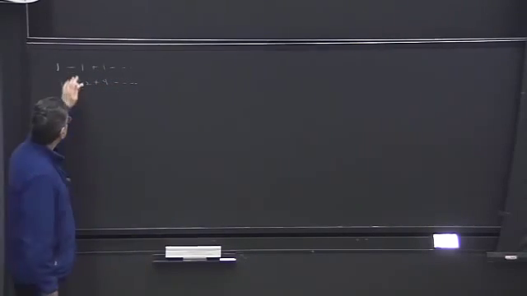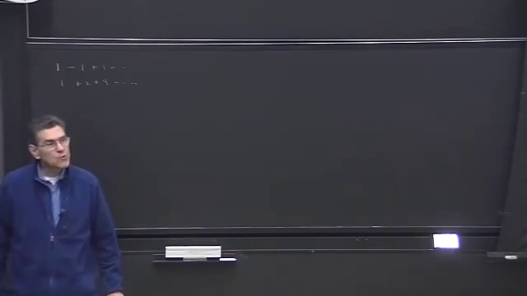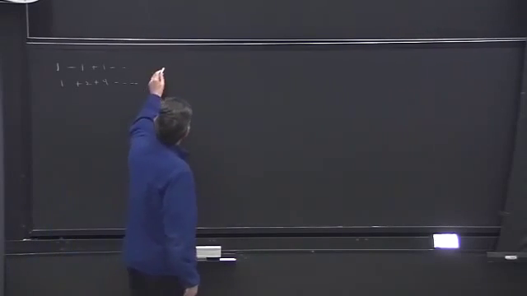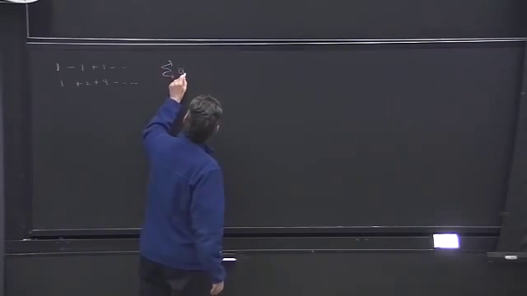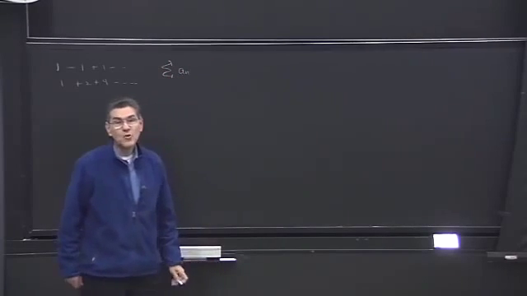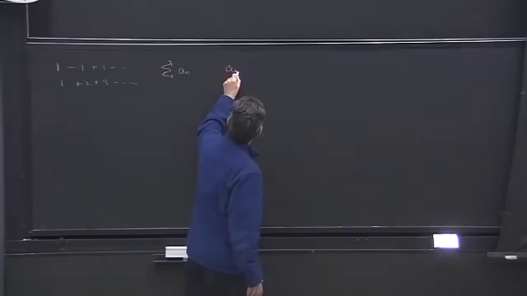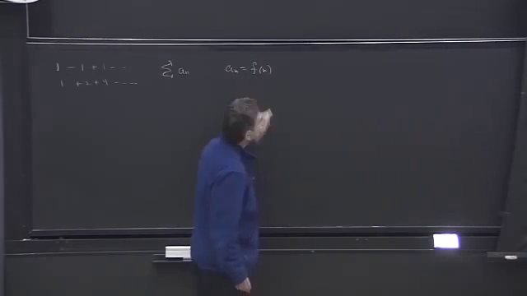Because in these cases, you know all of the terms in the series. You have a formula for the nth term. So if you're summing a series like this, sum of a sub n, you actually know a sub n is some well-known function of n.